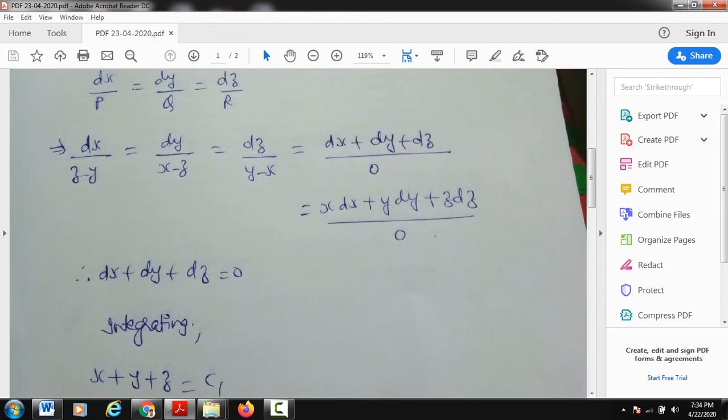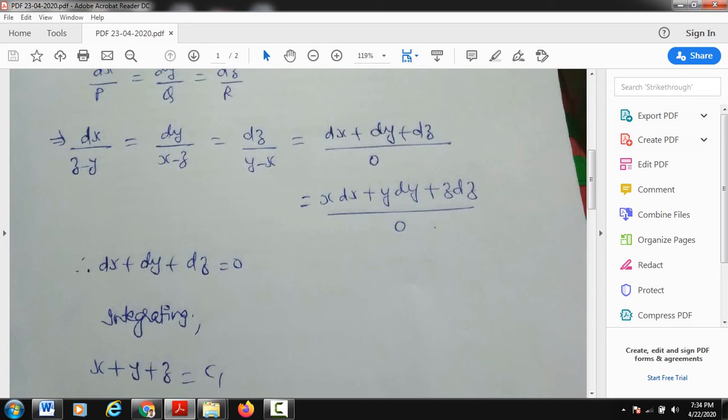So the Lagrange's auxiliary equations reduce to dx over z minus y, dy over x minus z, dz over y minus x. Now students, the main question lies over here because we have to find the true solution from these auxiliary equations. So you can see if I take a pair of the auxiliary equations at a time, we are unable to solve it because the variables are not getting separated.